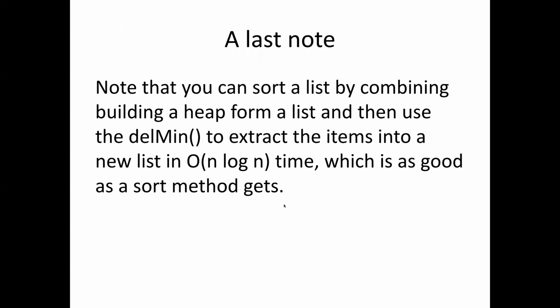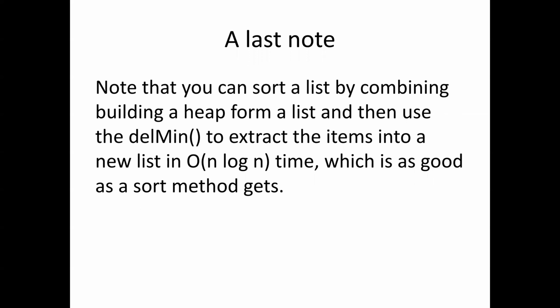All right. The last note is that, given the minimum heap property, there's another way to sort the numbers in a list. First of all, you heapify it, which takes O(n), and then you delete the minimum, because the first element in the list is always the minimum.